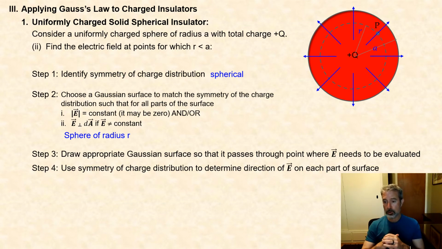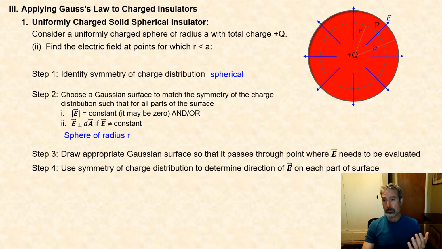This is a spherical charge distribution, spherical symmetry, so we know that the electric field will be directed radially outwards rather than inwards. So the only part that looks different here is really where we draw our Gaussian surface, because the field point is inside of the charge distribution versus outside.